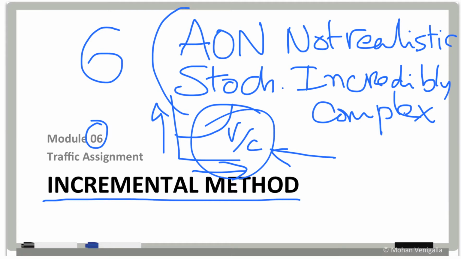One other thing I want to mention, this method is not that used now, but in the beginning it was very popular. It's important to learn the evolution of traffic assignment techniques by studying some of the things that are not being used today. And that's why we are studying the incremental method.